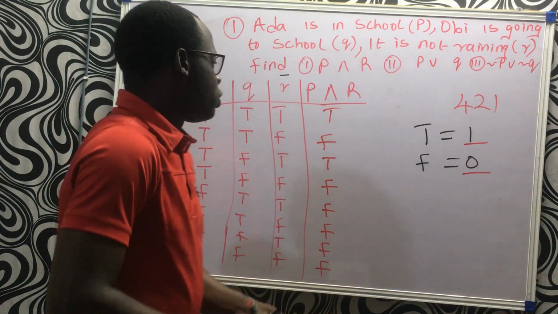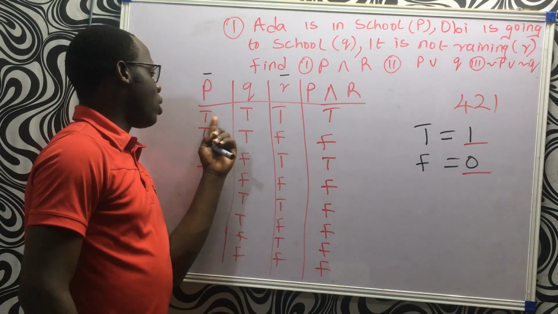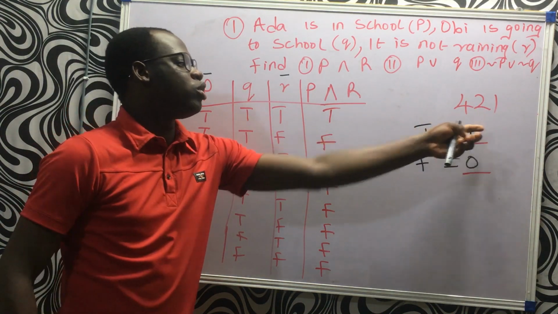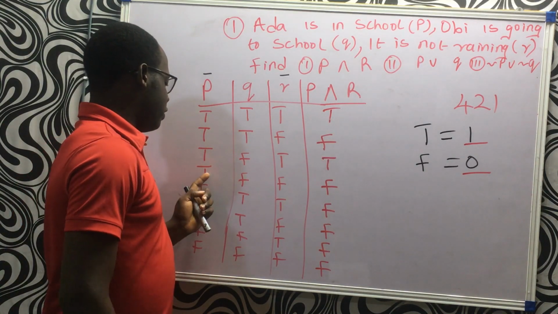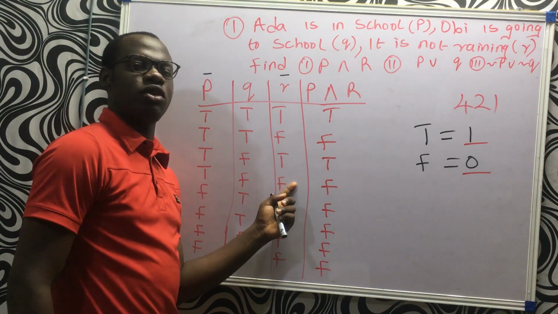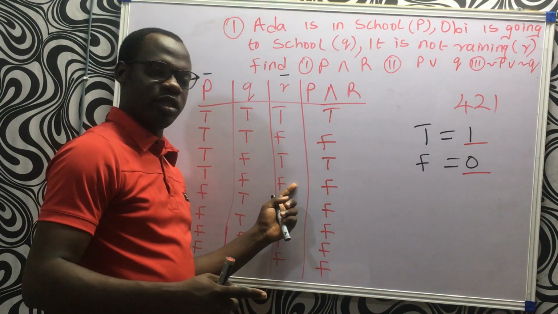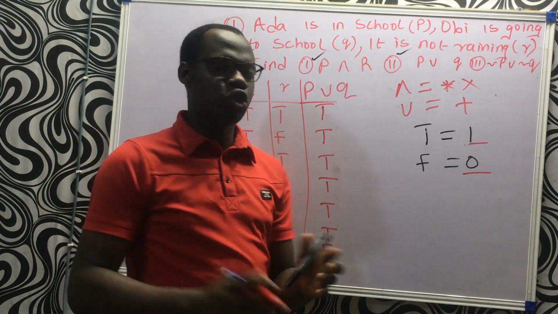When you multiply where T is 1 and T is 1, 1 times 1 gives you 1, which is T. So you bring down T. Where you have T and F, which is 1 times 0, it gives you 0, which is F.